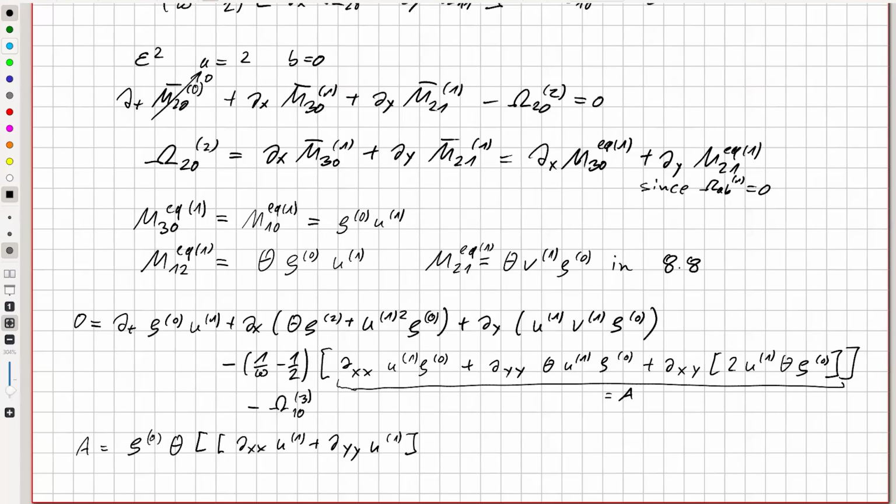And the thing that I do not have, I'll take this out into dx dx v to the first order 1 minus theta rho to the zero order plus dy 2 v to first order theta rho to the zero order.